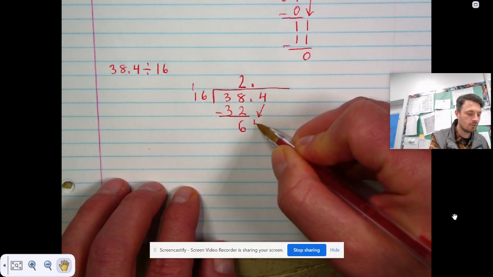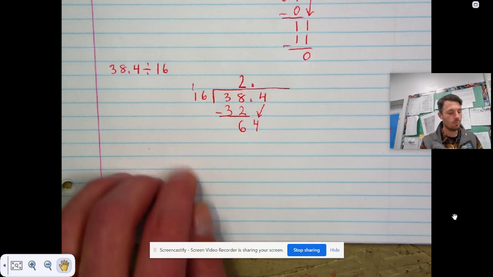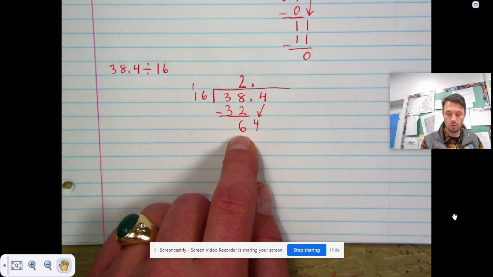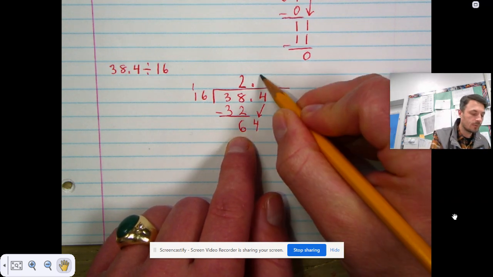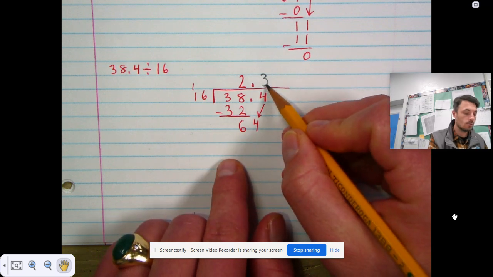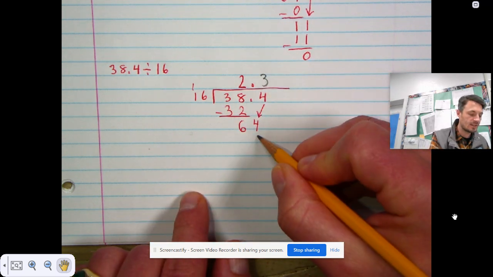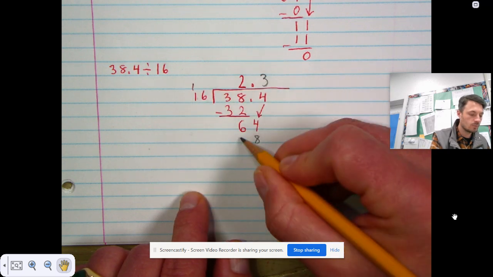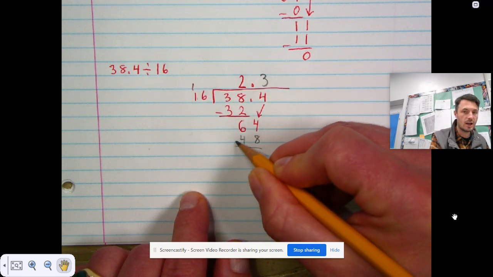Now we bring down. Okay, now we're putting 16 into 64. Do we think it can probably fit in about 3 times? Let's try it. 3 times 6 is 18, carry the 1. 3 times 1 is 3, plus 1 is 4. Now we subtract.